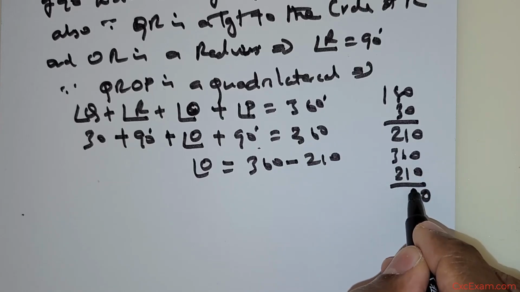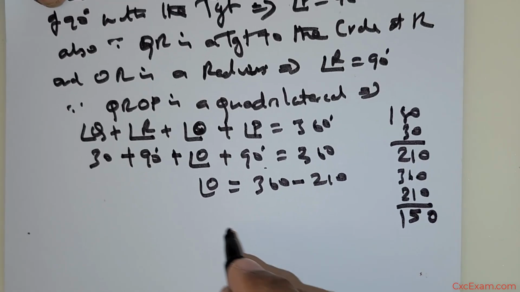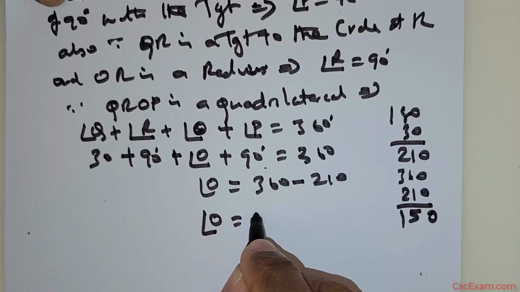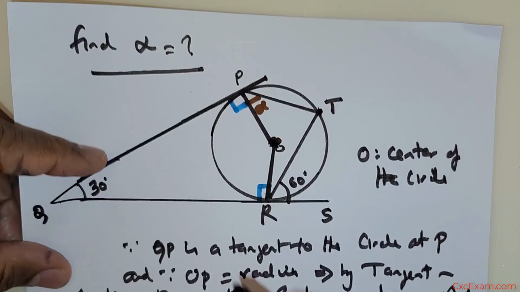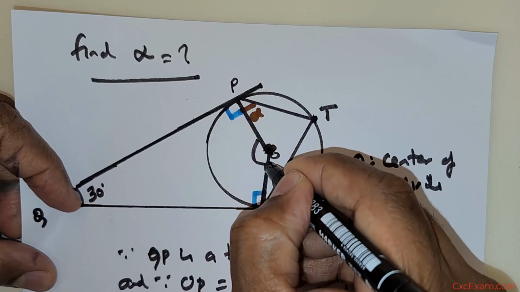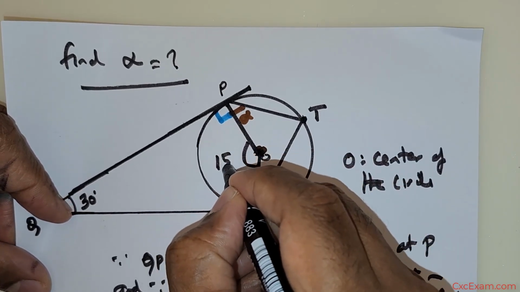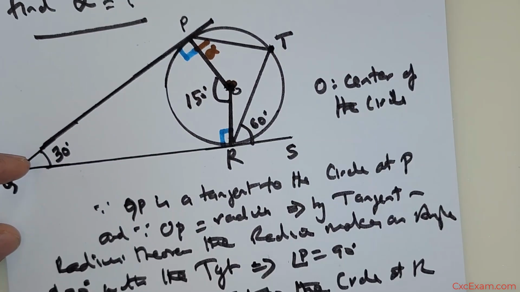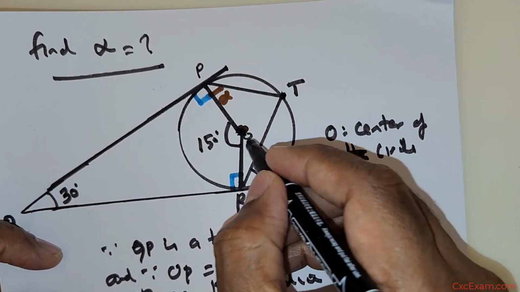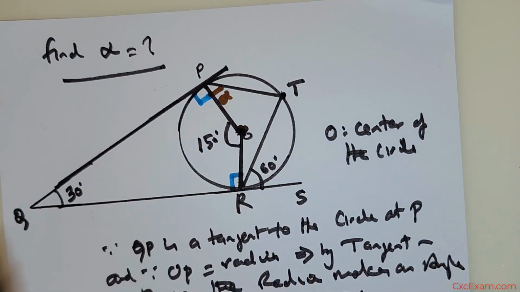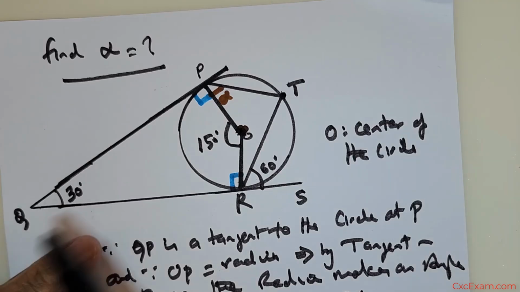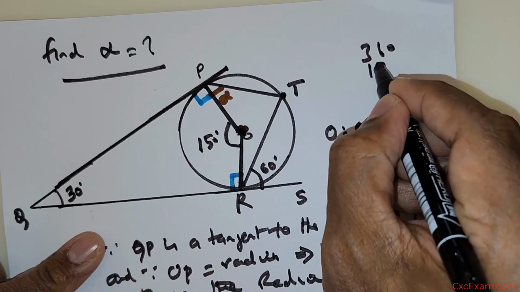That is 150. So angle at O is 150 degrees. If this angle is 150 degrees, what will be this angle? To get that angle, from 360 you take away 150.